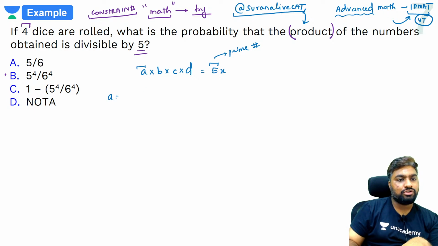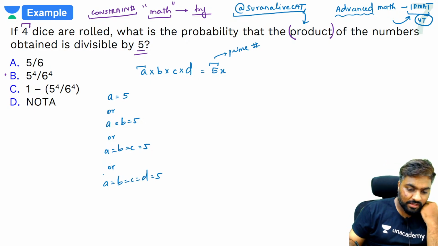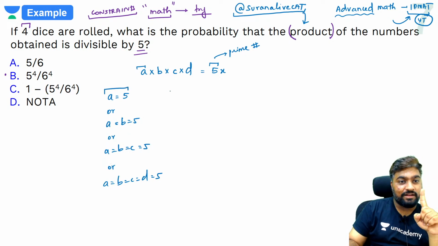So either A should be 5, or A and B should be 5, or A, B and C should be 5, or all the 4 numbers should be 5. Correct? If only one number is 5, this is what? Only 1 5.